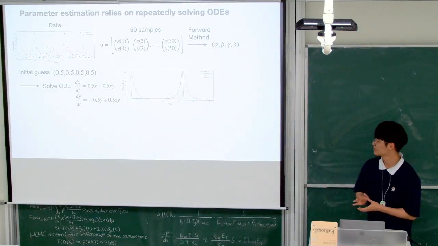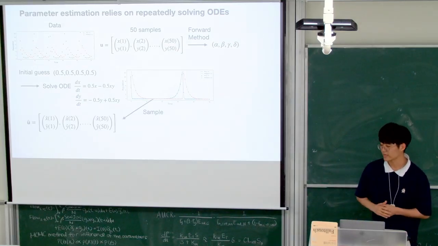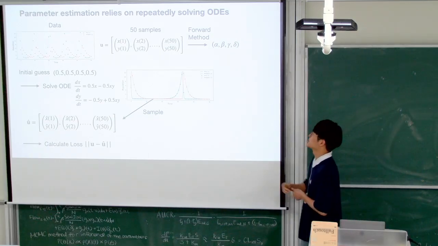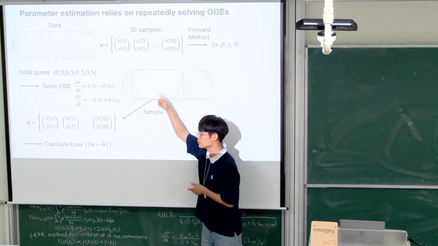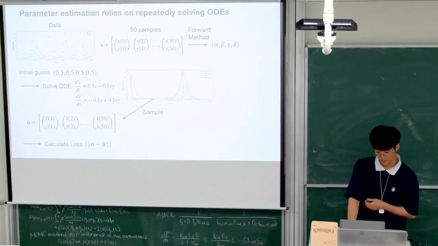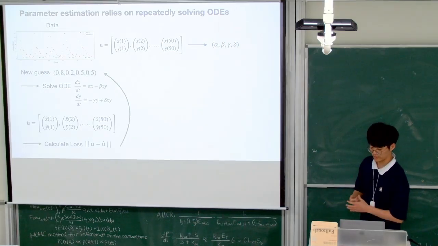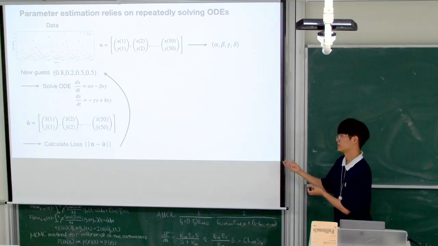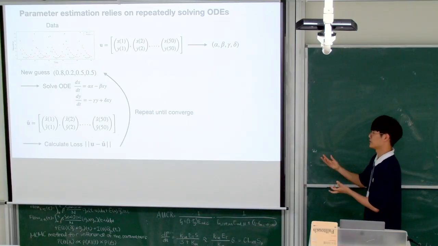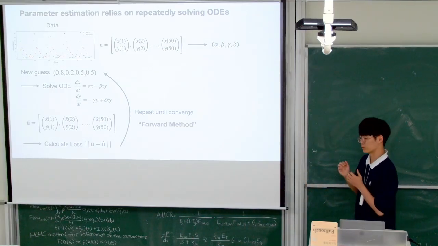Then we sample the points and compare the data and our simulated samples. It will give you some kind of loss. Based on this, we use some optimization method to give another guess for the parameters. And we repeat this process until we have a convergent parameter set. So this is what we call the forward method.